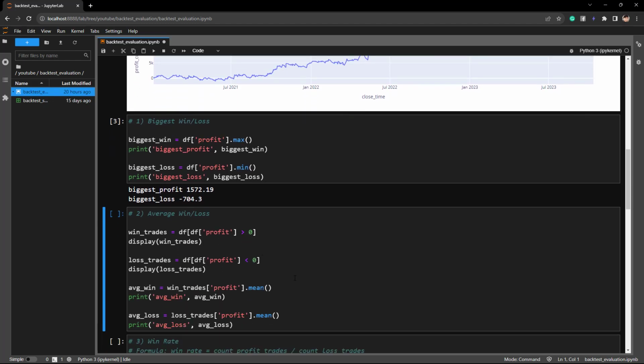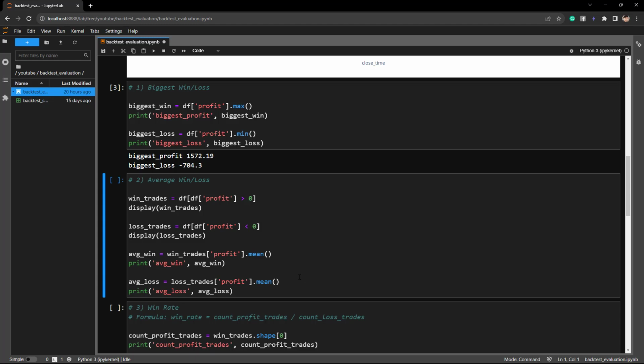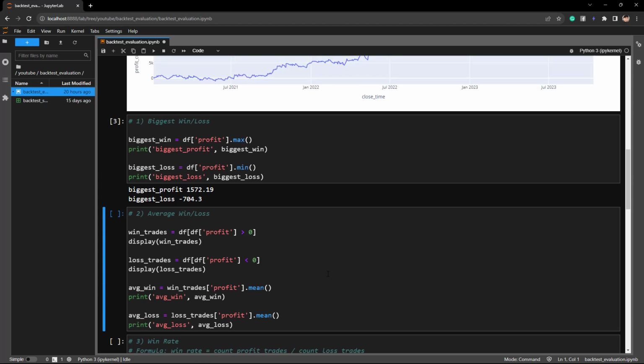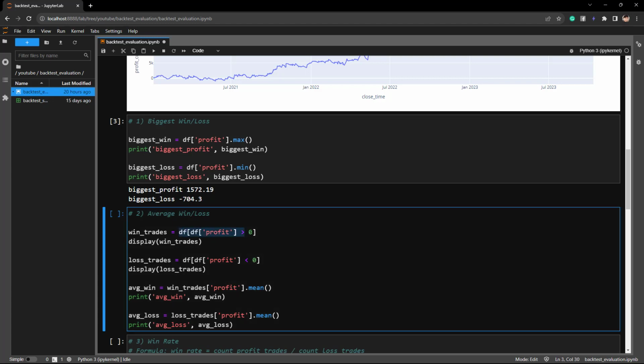Now, jumping to question number 2, we want to calculate the average win or loss. First what we need to do is separate all the winning trades from the losing trades. By doing that, we can simply apply a filter.